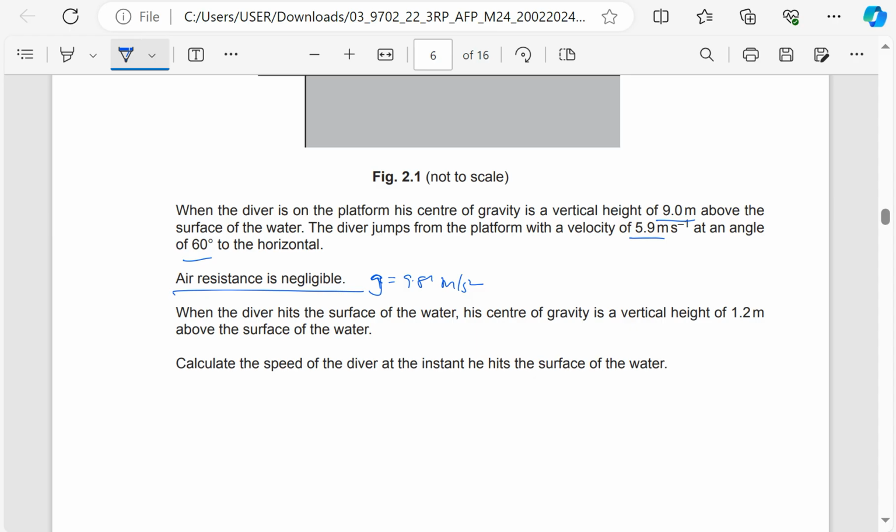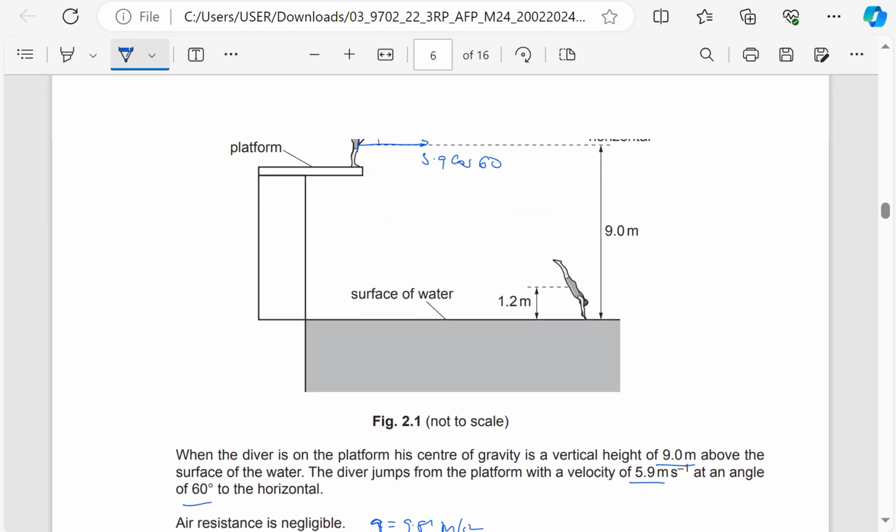When the diver hits the surface of the water, his center of gravity is at a vertical height of 1.2 meters above the surface.